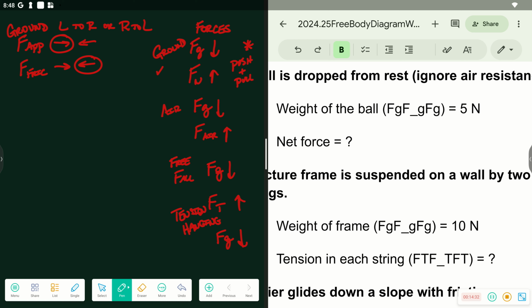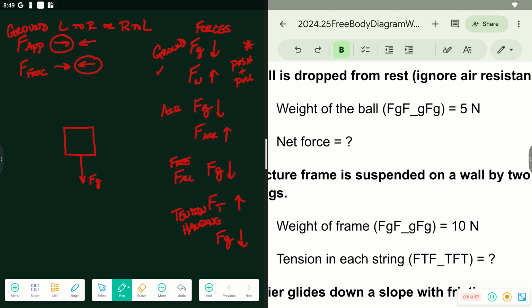All right. A picture frame is suspended on a wall by 2 strings. Okay. So, what do you know? What's the automatic one you got to put in for anything? It's the force of gravity, right?